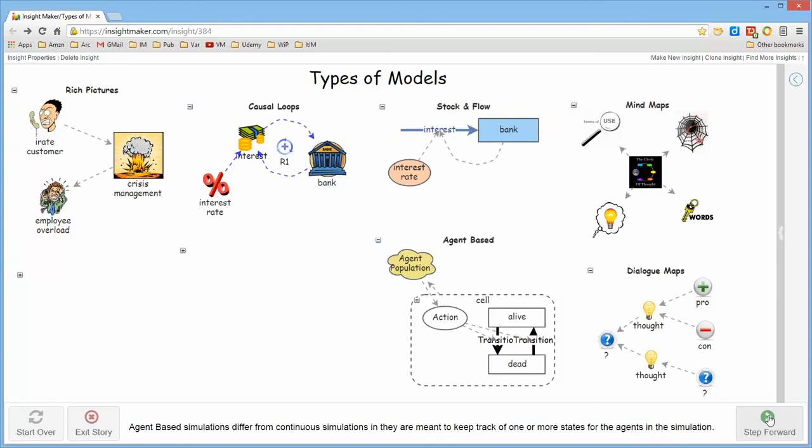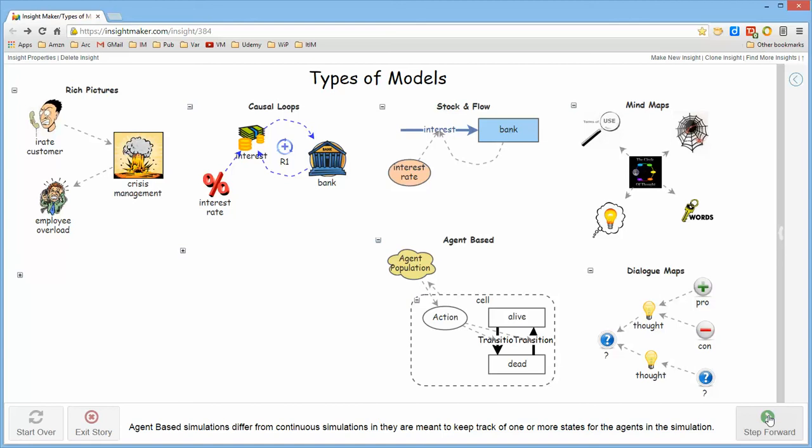In time, we added agent-based modeling to Insight Maker, which is, as opposed to continuous simulation modeling, it allows one to define agents which can exist in varying states, and then the model or the simulation transitions those agents from state to state depending upon how things are defined in the model.